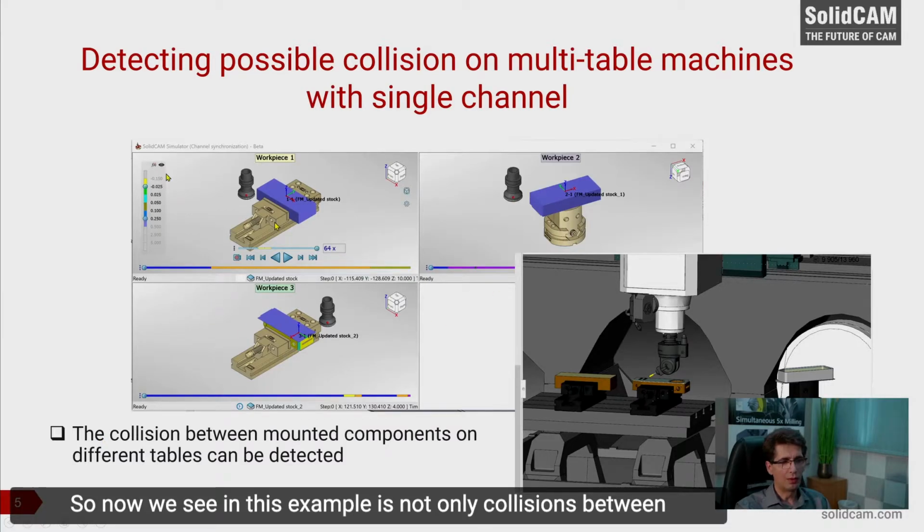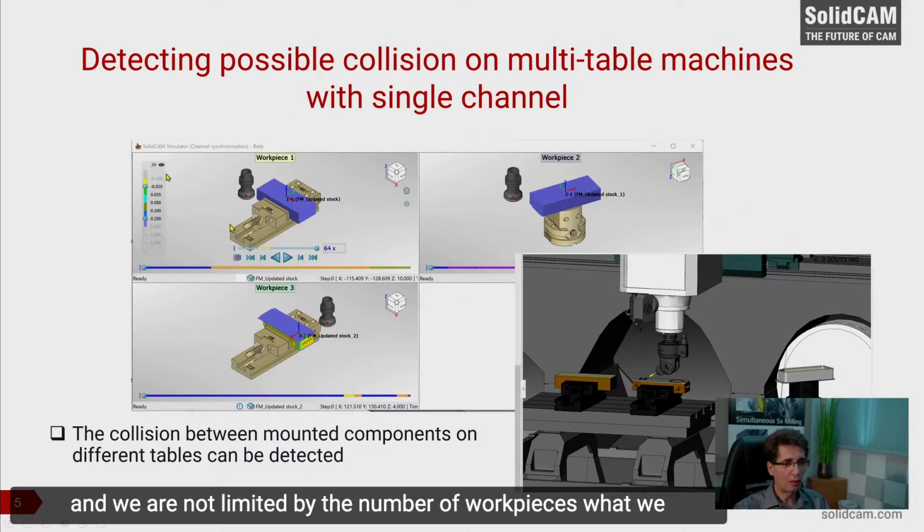As we have seen in this example, not only collisions between two components mounted on a single table can be detected. In this example, you've seen that collisions even between components not mounted on a single table can be detected as well.